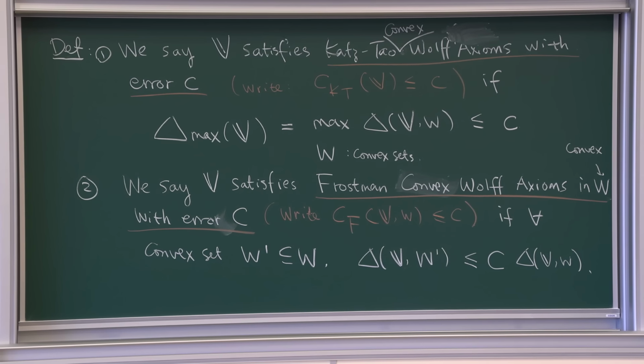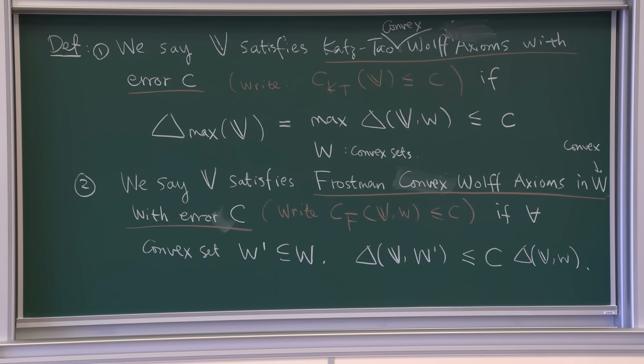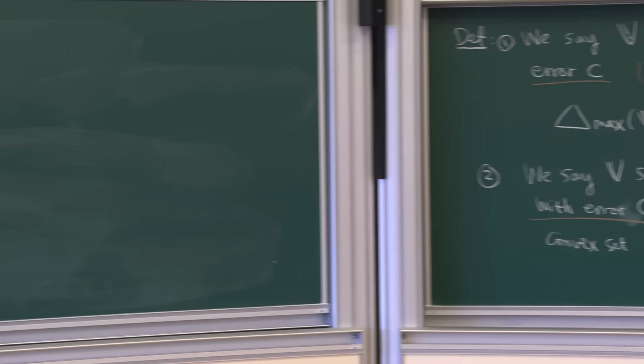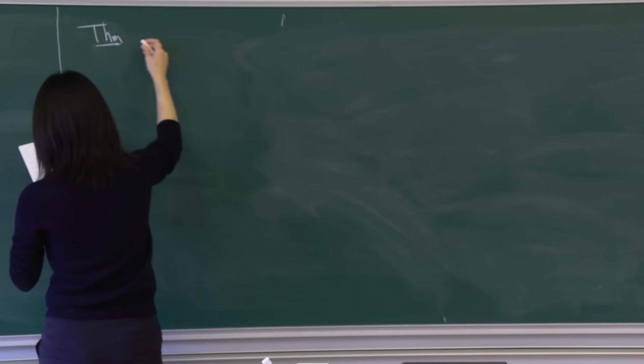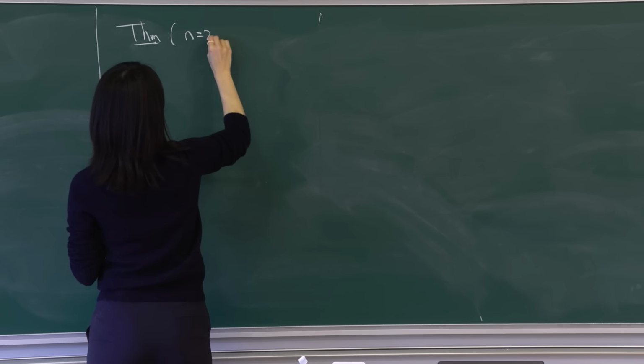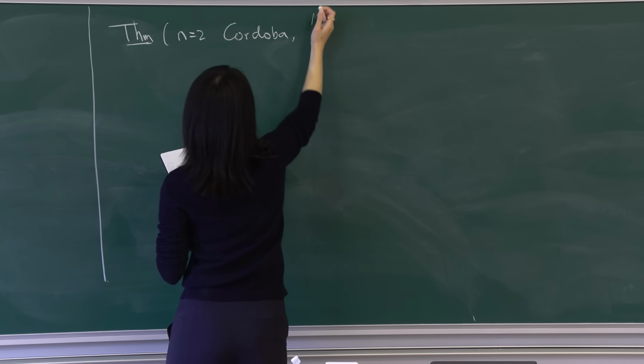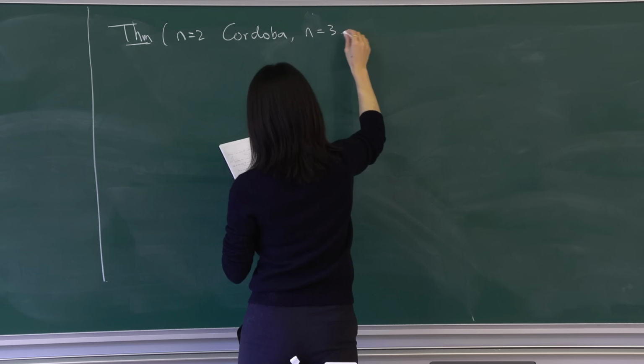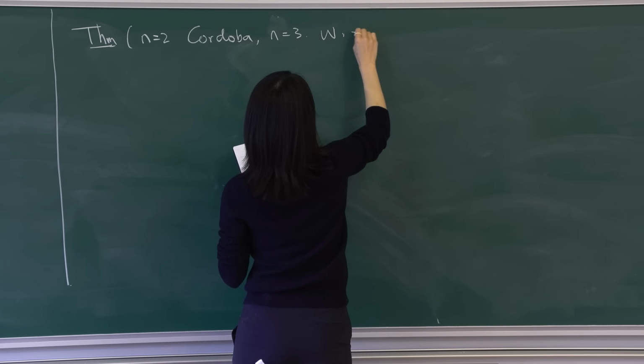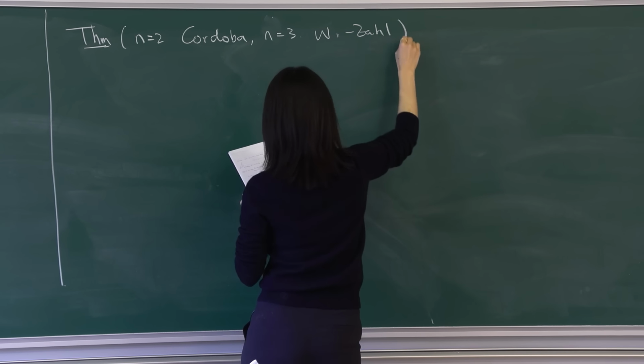To digest it, let me first state the conclusion, the theorem, and then we'll digest the notation further. So the theorem, when n equals 2, is due to Córdoba. When n equals 3, it is by Josh Zahl.